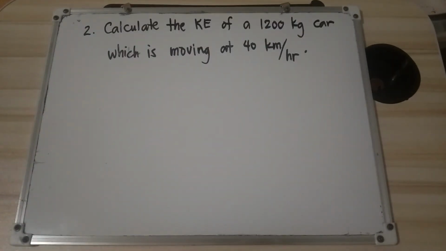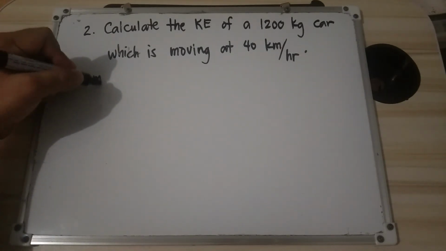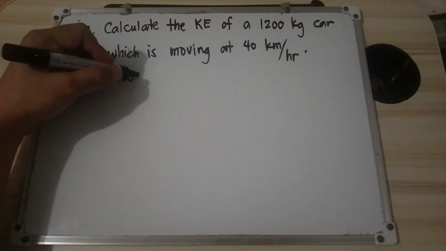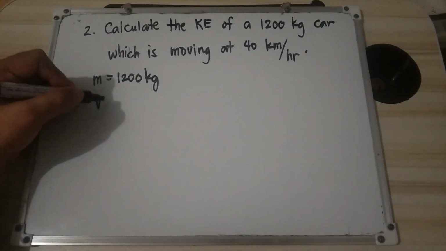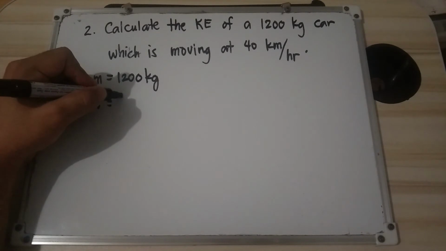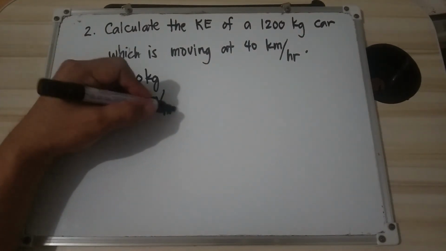Number 2, calculate the kinetic energy of a 1,200 kilogram car which is moving at 40 kilometers per hour. Solution, so mapansin nyo doon sa given natin, we have mass which is 1,200 kilograms and yung velocity is 40 kilometers per hour.